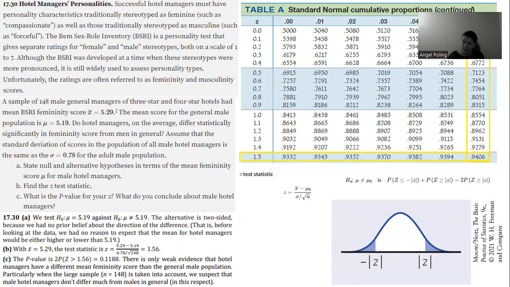They have mu not equal to 5.19 for the alternative. Another typo. They accidentally put H naught twice, but that's our alternative. And it's two-sided because we just are looking for a difference, right? So check, check, check on number A. B, they got the 1.56 just like we did. So check, check again. And then their p-value matches our p-value.